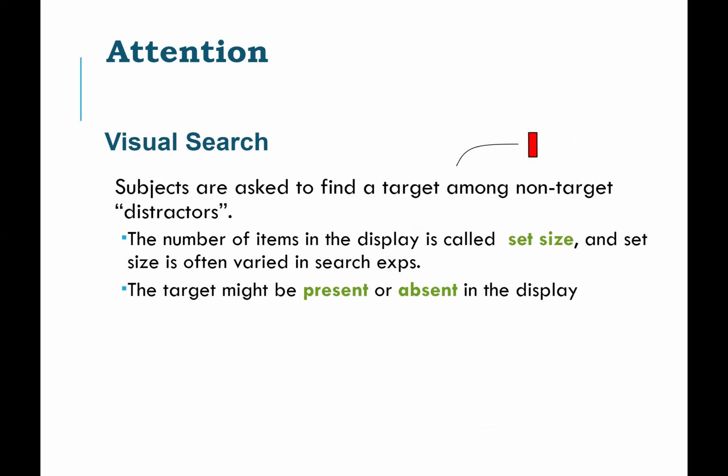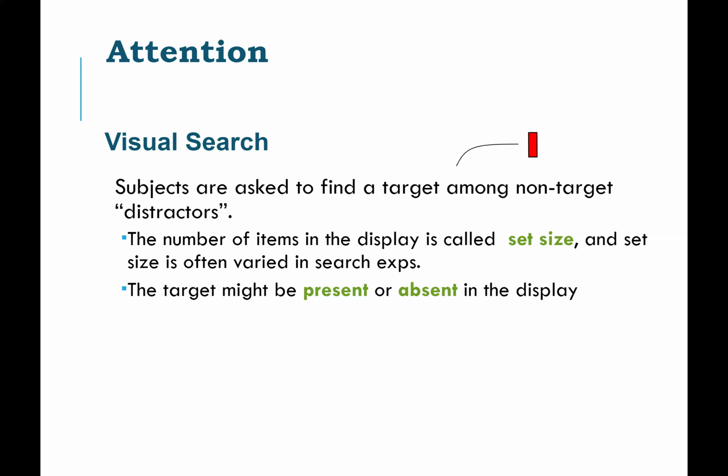So to study parallel and serial processing in the brain, a lot of people use a visual search task. In the visual search task you have a target. Again, we're using oriented bars here for the schematics.